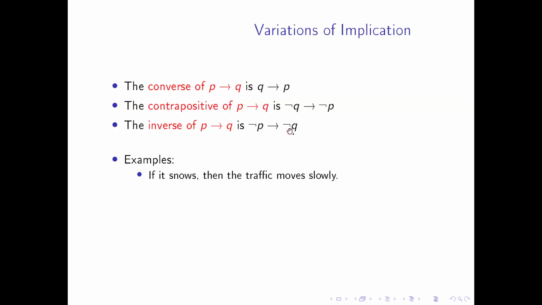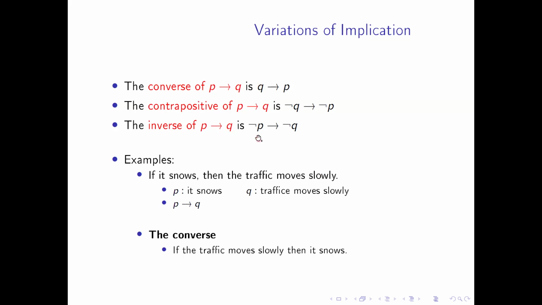It turns out, so just to look through this, if I took something like if it snows, then the traffic moves slowly. The P in this situation is it snows. Q is traffic moves slowly. So P implies Q. We've done that. But the converse, that's this first one, would be if the traffic moves slowly, then it snows.